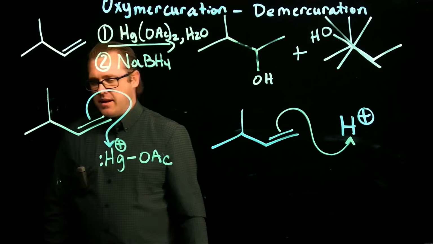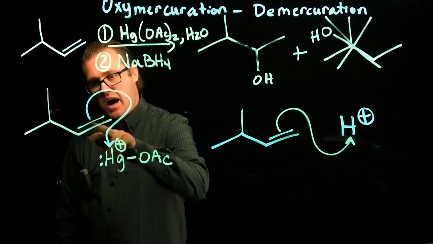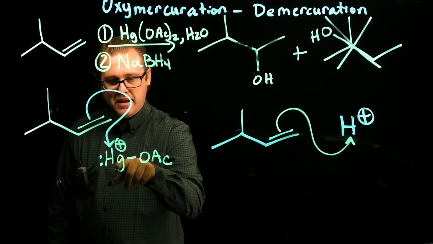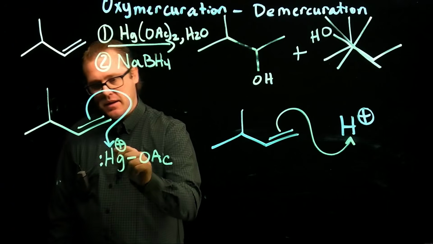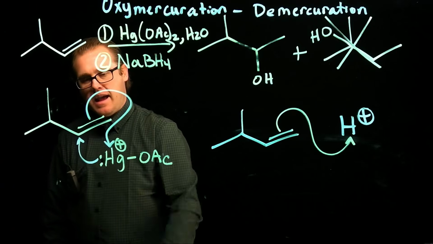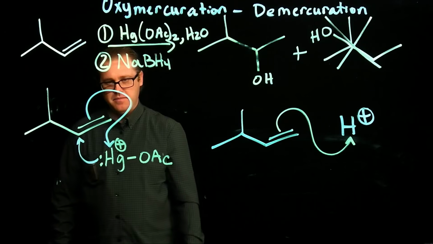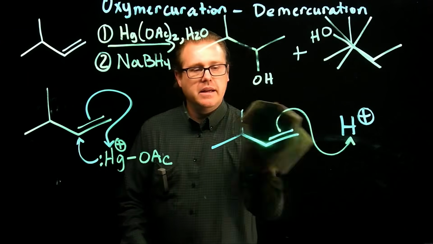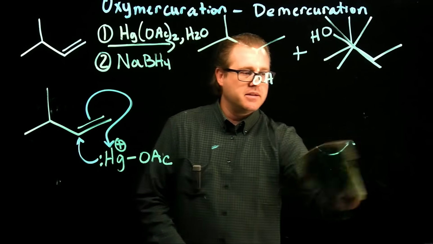But what's interesting, at the same time that the pi electrons in this double bond come in and attack the mercury atom, the lone pair on the mercury comes in and attacks there. So what does that give us? It gives us a species that looks like this.